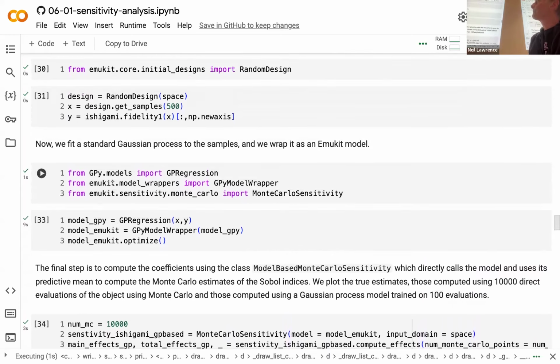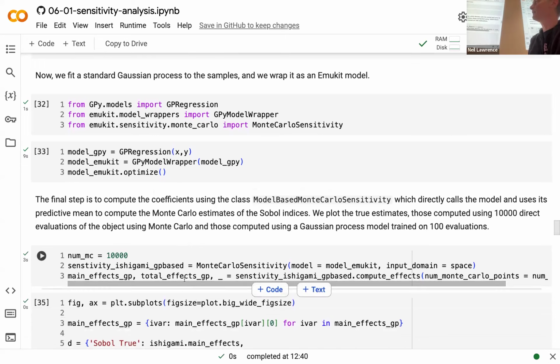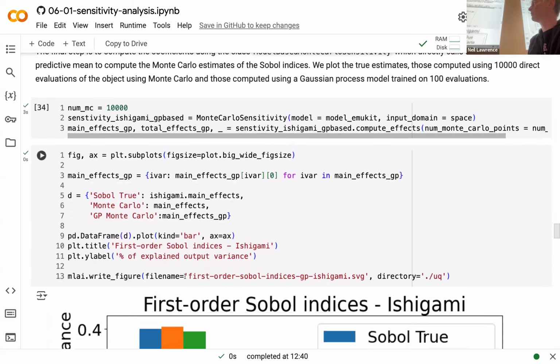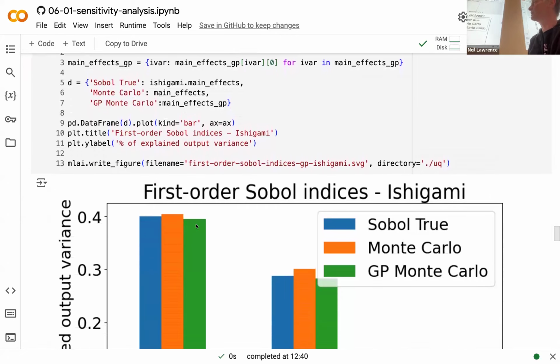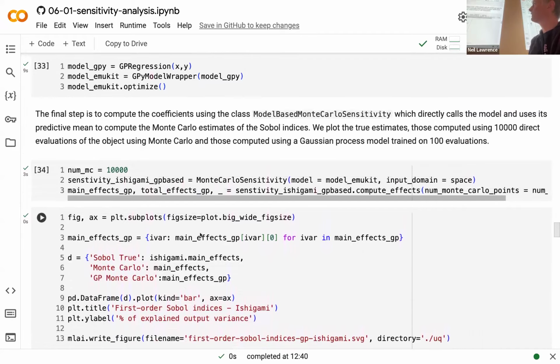So here, this is as simple as it is, right? This process just goes through the optimization of the model, doing all the relevant data selection. And then this bit of code here is doing the Gaussian process-based implementation. So you see a slight variation between the Gaussian process one and the Ishigami one.